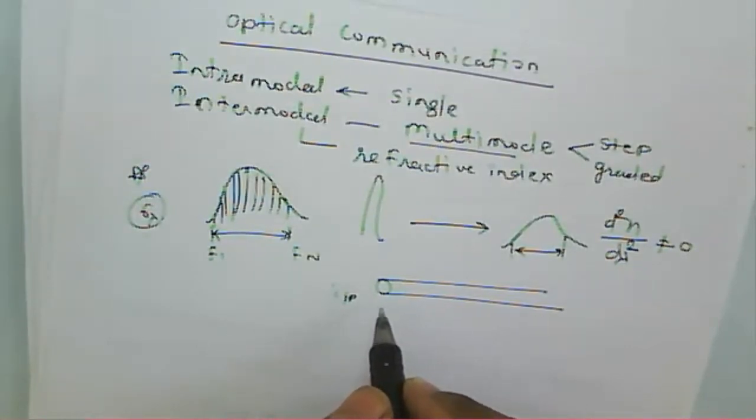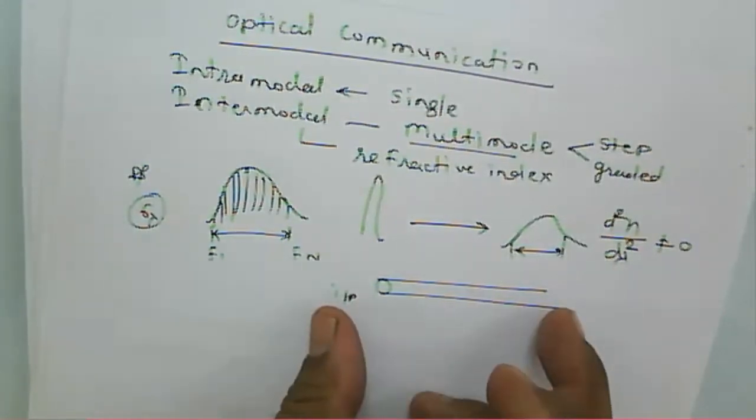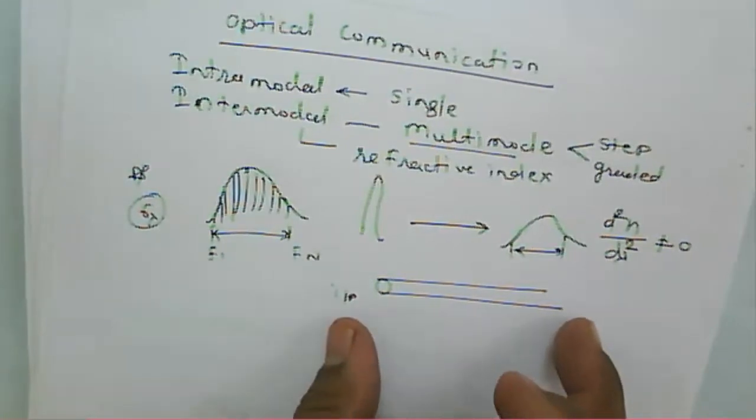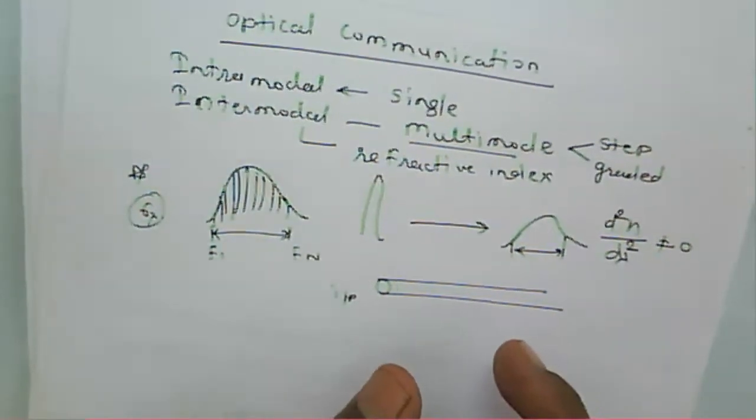So that's why a pulse spread occurs because of the group delay in the optical fiber.